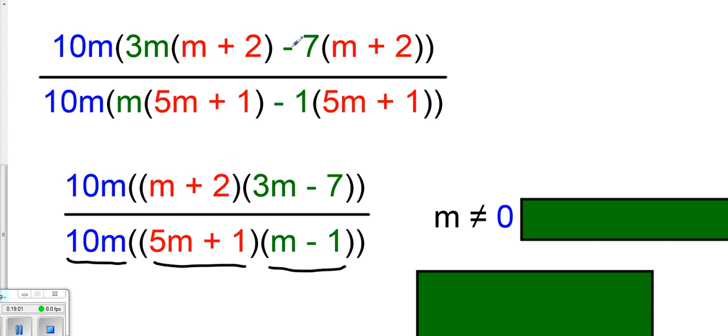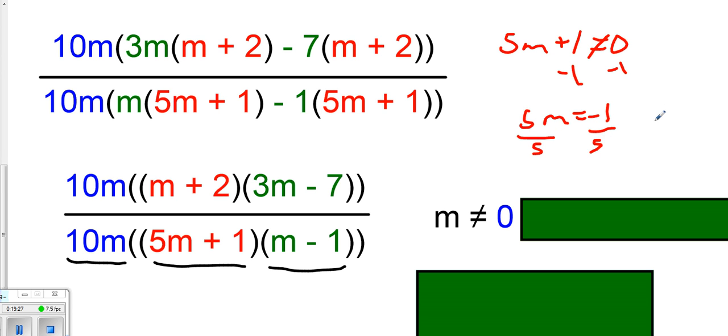This 5m plus 1 might be a little tricky. So I want you to actually, on the side, write 5m plus 1 cannot equal 0. Solve for m. Subtract 1 from both sides, and we get 5m equals negative 1. Divide by 5.